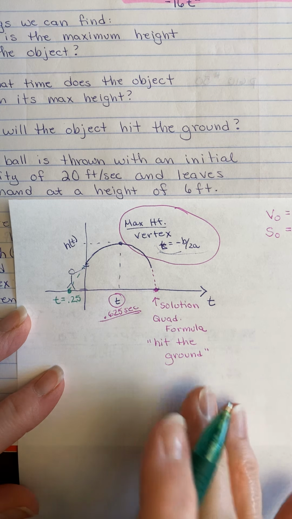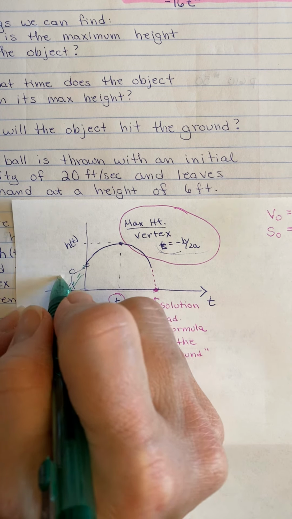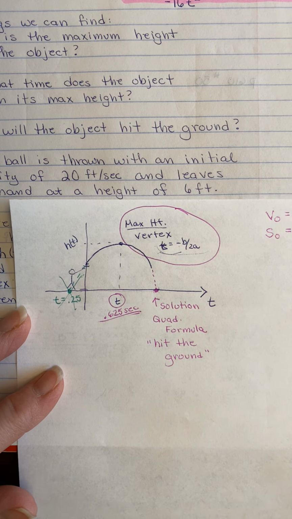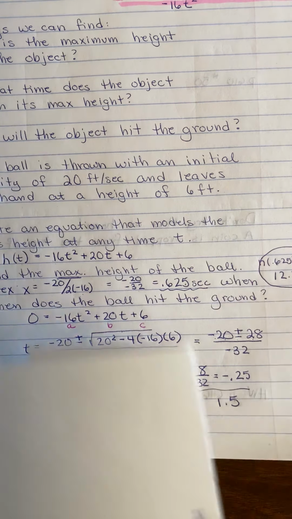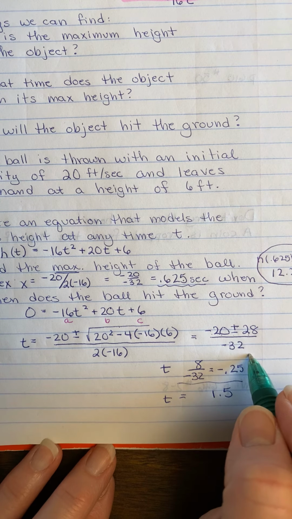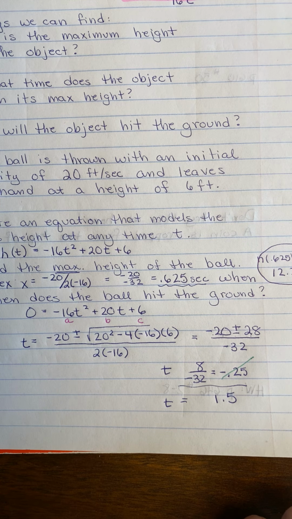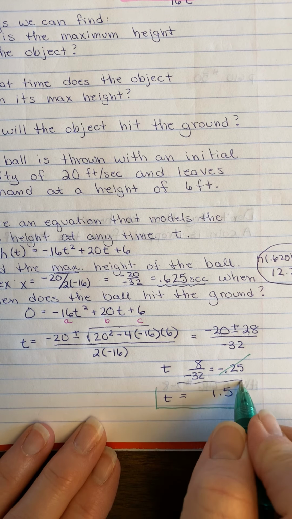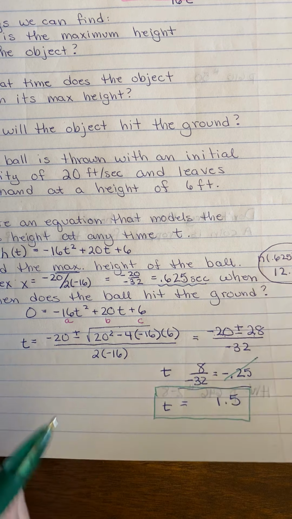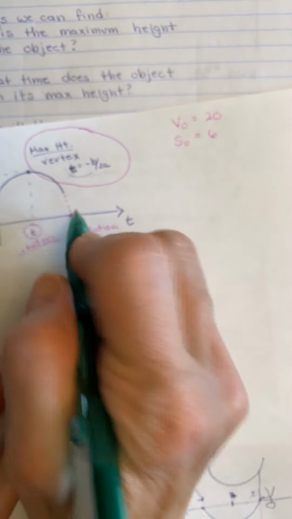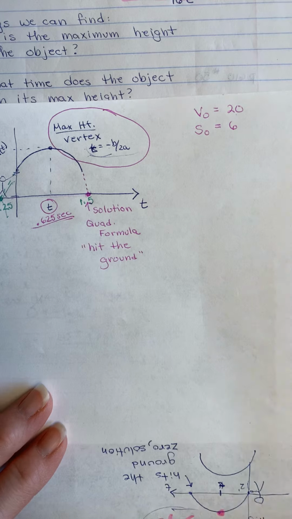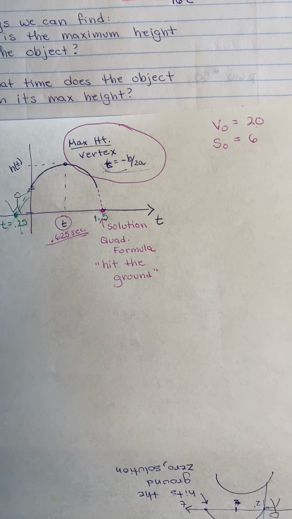This one does not make sense in the context of this problem, right? So we are not going to take that. Do you see how we throw that out? And we do say that the ball will hit the ground in 1.5 seconds. At 1.5 seconds the ball hits the ground.